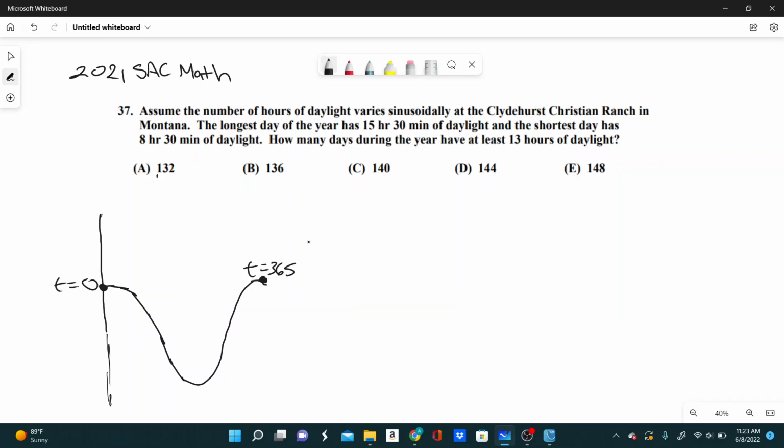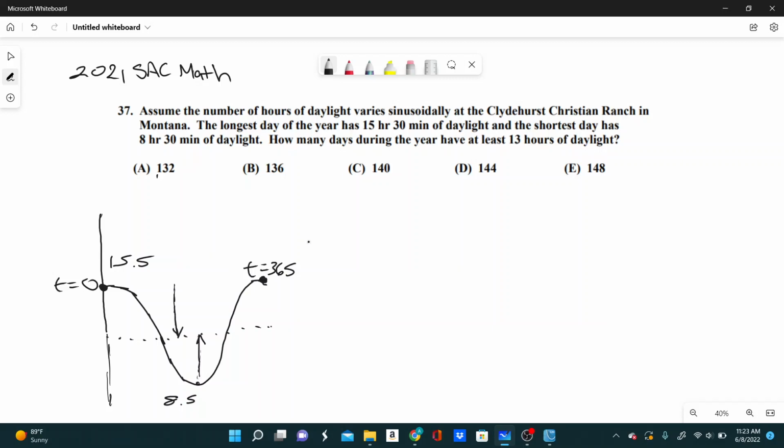The low point is 8.5 hours, and the high point is 15.5 hours. And the amplitude, this is the midline, not the x-axis, by the way, will be the distance from the maximum to the midline.